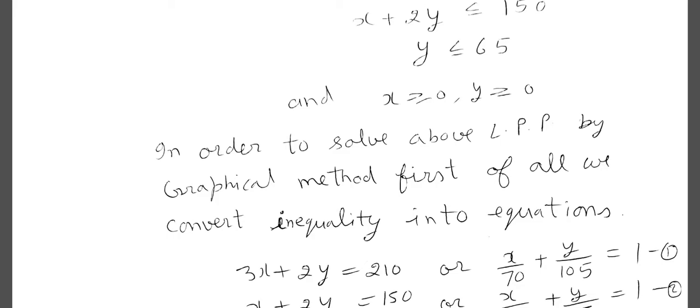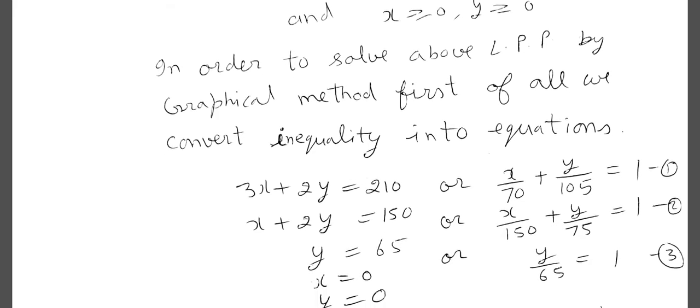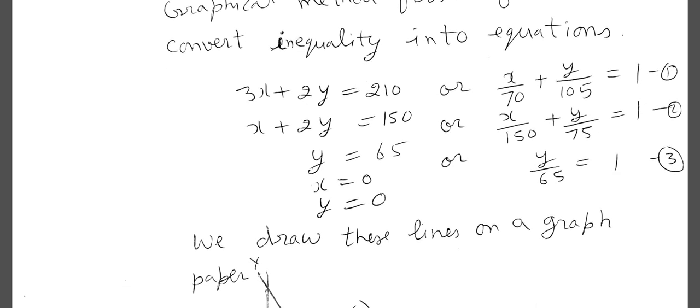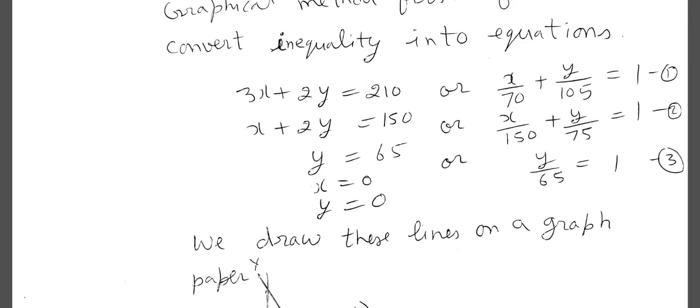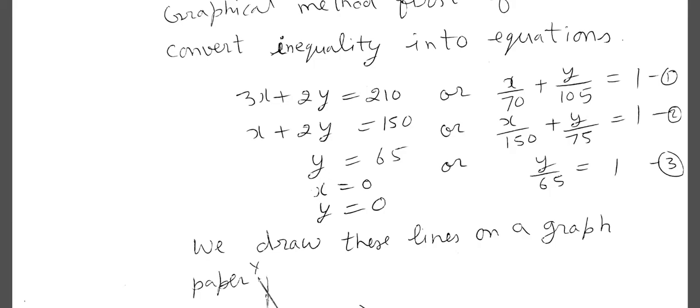In order to solve the above LPP by graphical method, first of all we convert all the inequalities into equations like 3x plus 2y equal to 210, x plus 2y equal to 150, y equal to 65 and x equal to 0, y equal to 0.